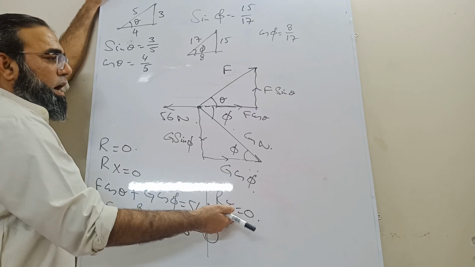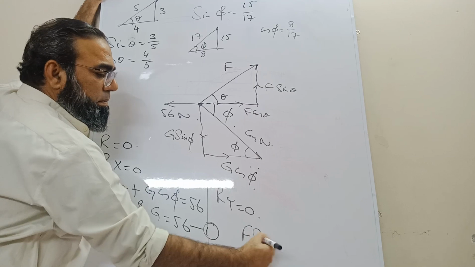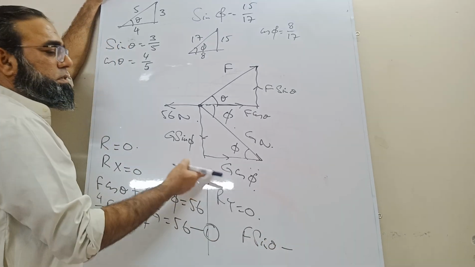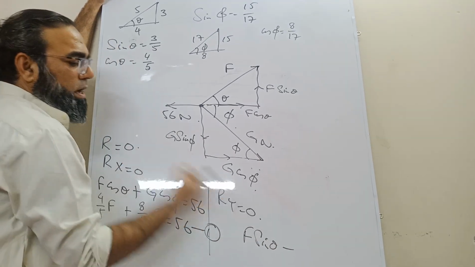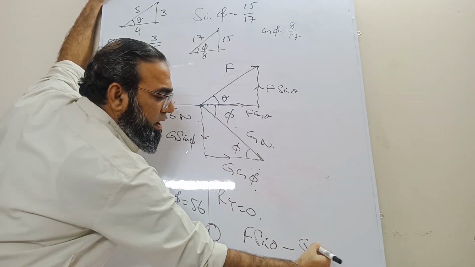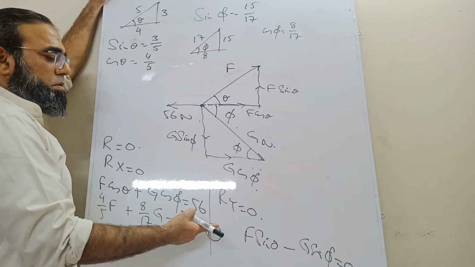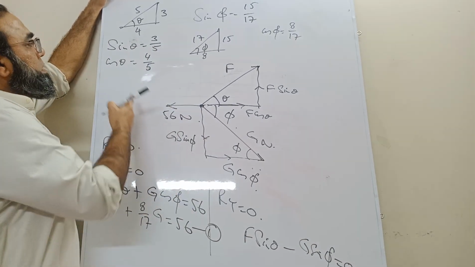And then from Ry, we have F sine theta minus G sine phi, as these are the only two vertical forces over here, that is equal to 0. Okay guys, so you have your sine theta as 3 over 5.